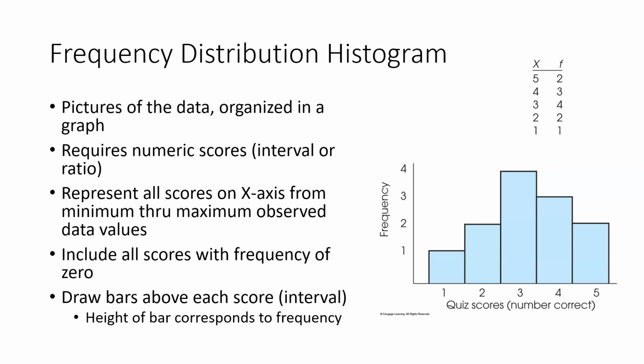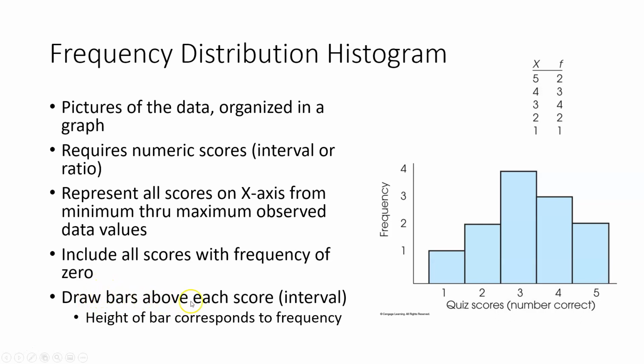It represents all the scores on the x-axis from the minimum to the maximum observed data value. But you have to include all of the values, even if somebody didn't score that score. In other words, if you have 0 people as the frequency of a value, you have to leave a blank space for that value that nobody got.